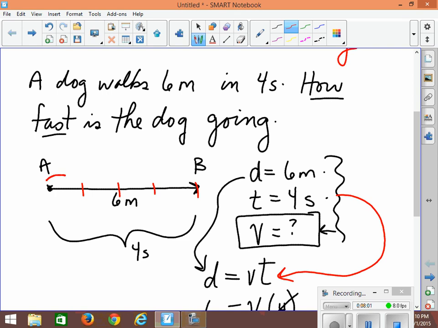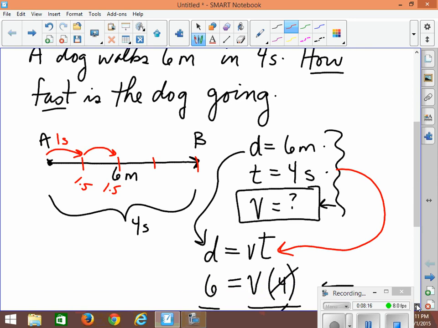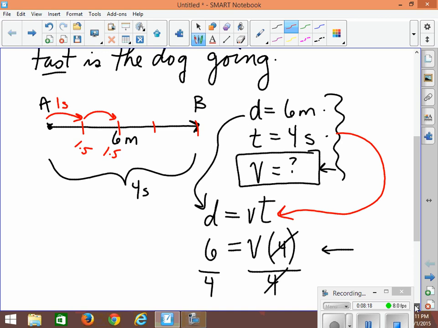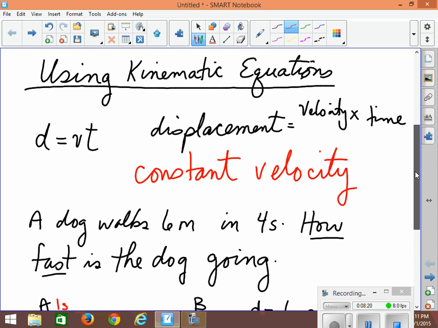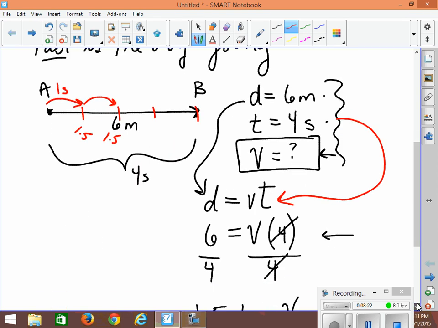And so in the first second, after 1 second of moving, I went 1.5 meters. After another second, I went an additional 1.5. Oops, I think I made a mistake here. Let's go back and check that out. 1.5. Oops, I lost my spot.